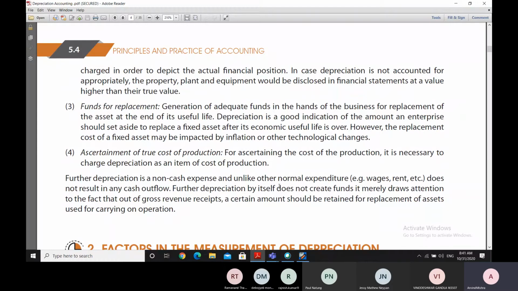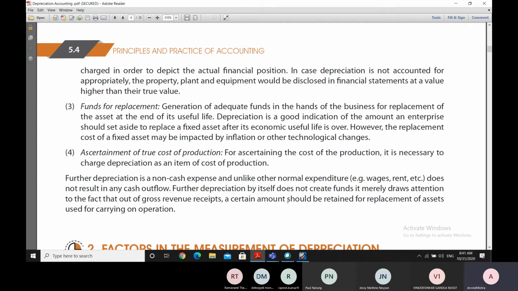Depreciation by itself does not create funds, and it merely draws attention to the fact that out of the gross revenue receipts, a certain amount should be retained for replacing the assets which are used for carrying on the operations of the business. But by providing depreciation itself, the funds will not get created.